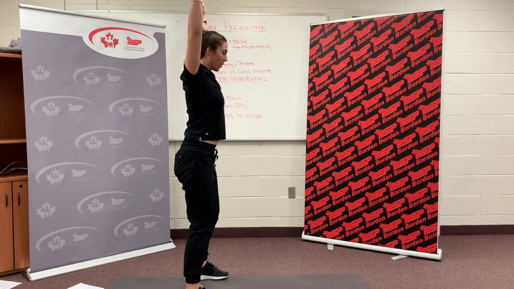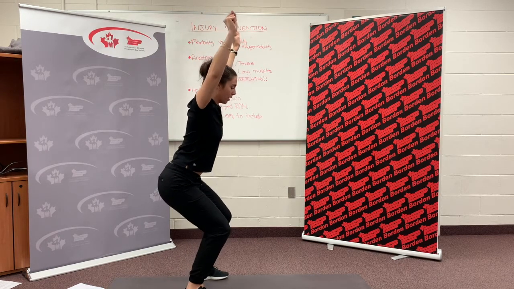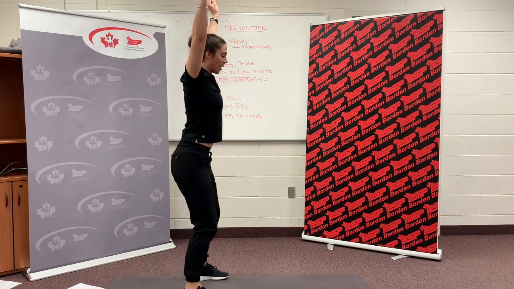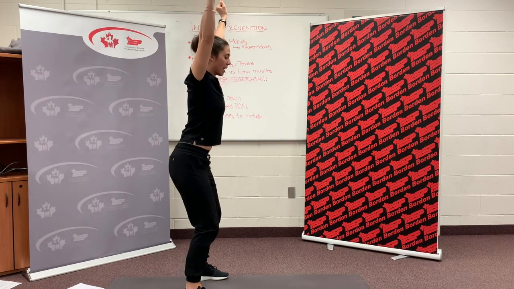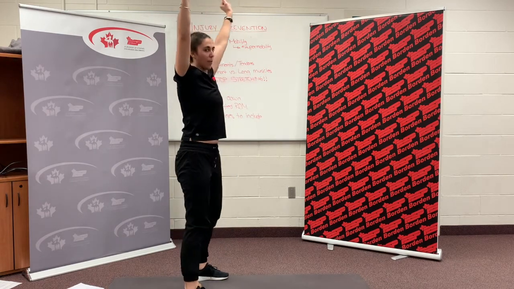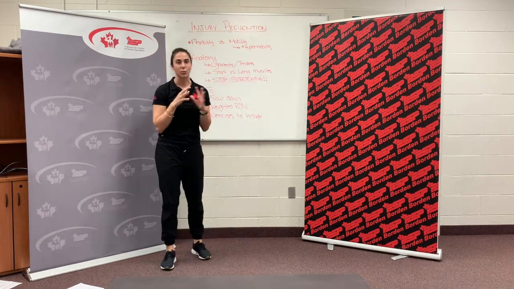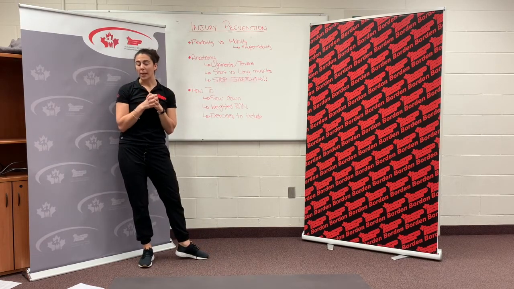But if I start to work on that mobility and move really slowly through the position, so maybe I just go half a squat and come up. And then as I get a little bit stronger in these shoulders, being able to hold this weight, I can start to move even deeper and come up. All right, so overhead stuff is really good for your mobility in the shoulders, as well as a little bit in the spine.